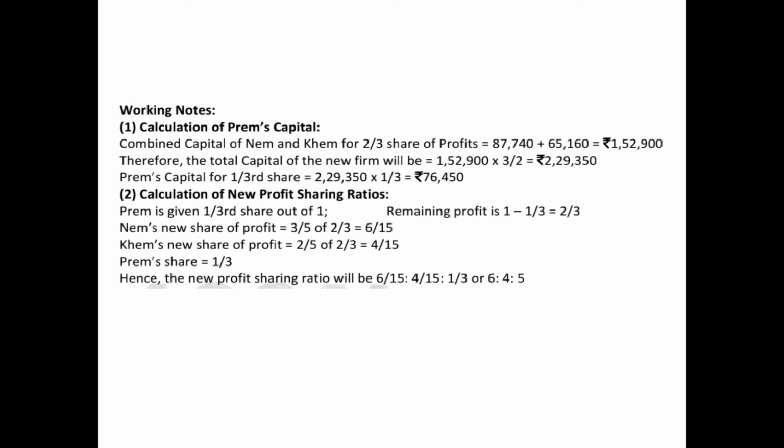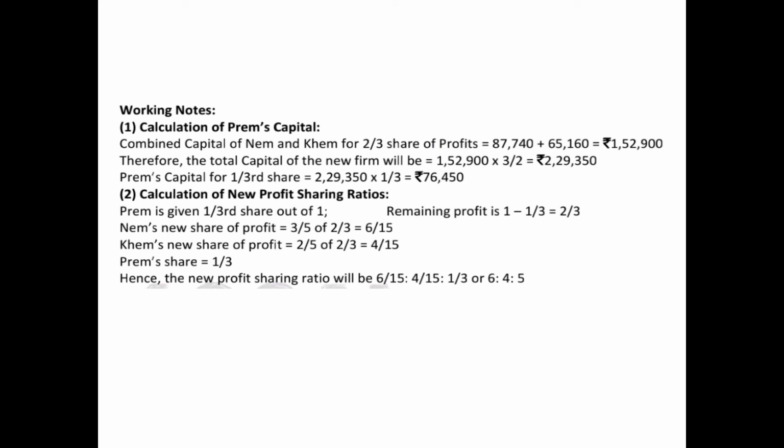So let us calculate the proportionate capital of Prem. As you can see here, we have done the calculation of Prem's capital, that is the combined capital of Naman and Kalam, the old partners, that is 87,740 plus 65,160, which came to rupees 1,52,900. So this is our step number 1, total adjusted capital.